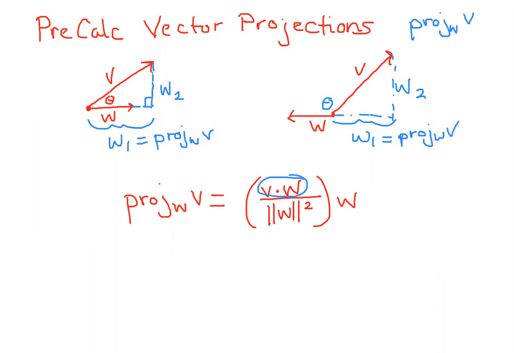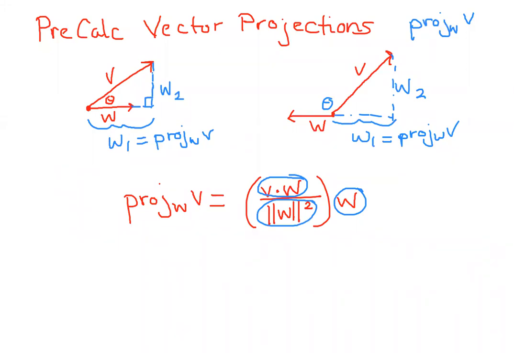Dot product is a number. Magnitude squared is a number. W is a vector. So this answer is going to be a vector. Your answer is going to be a vector, right?